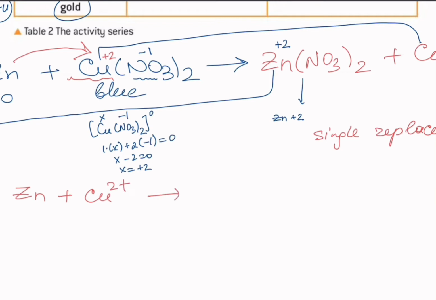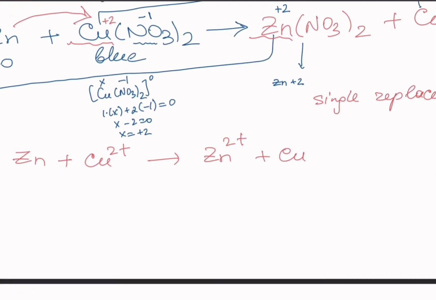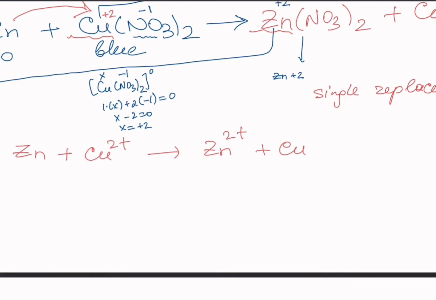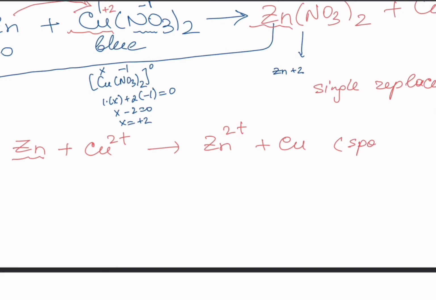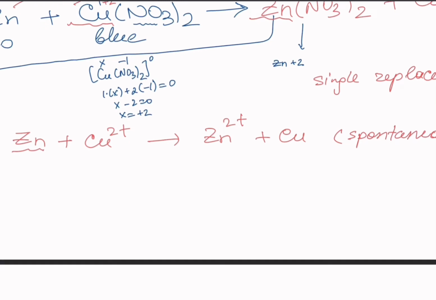And then over here we write the zinc with a charge of plus 2, and then we write the copper. You see, we understood that because zinc is more reactive, this reaction is spontaneous. Spontaneous reaction. That means that it will occur, okay?